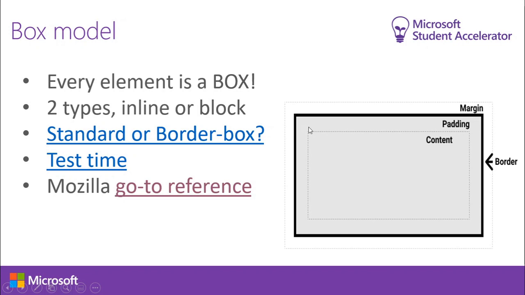The padding is the spacing between the border and the content, and the margin is the spacing between the border and the imaginary space surrounding the box. And there are two different types of box models, sorry. There is the standard box model and the border box model. They differ in how you calculate the width of the content.